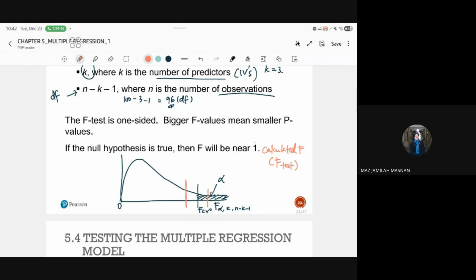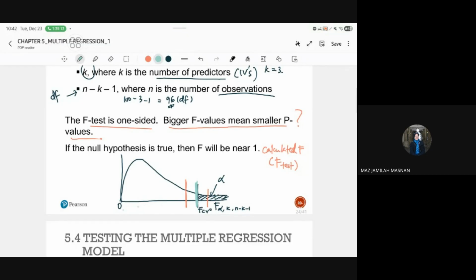What happens? Since the F test is one-sided, the bigger the F value, the smaller the P value. What does this mean? Imagine this is your FCV.